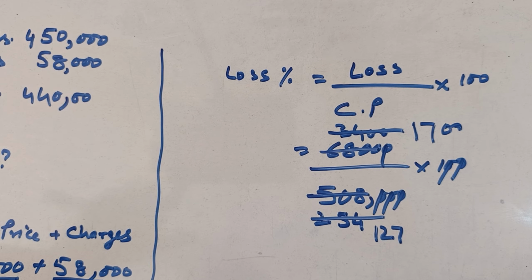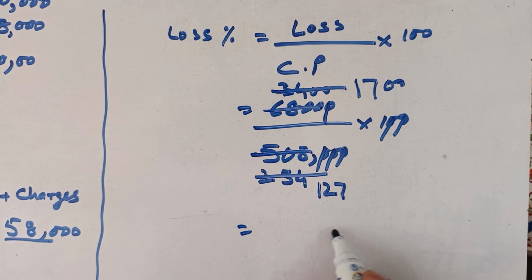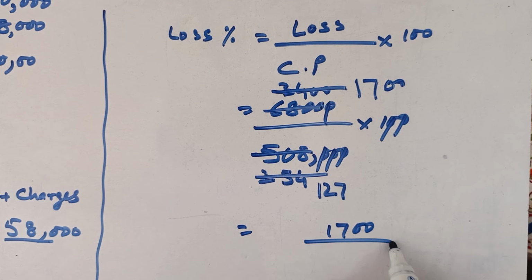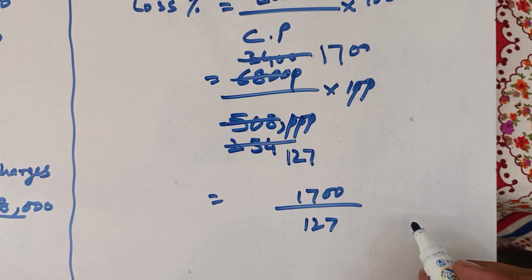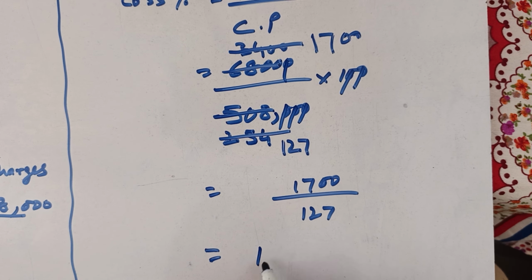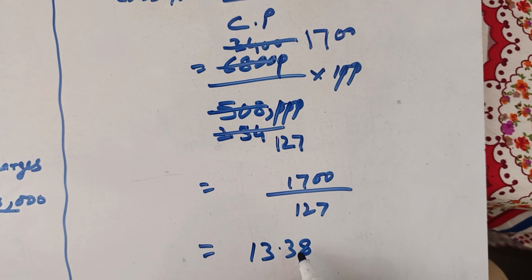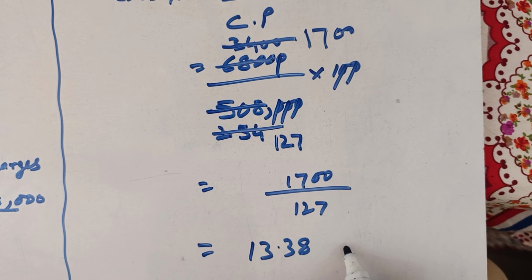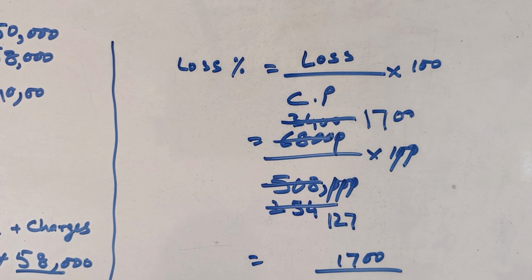So we can say that it is 1700 divided by 127. If we divide this amount by this, we will get 13.38, and this is the loss percentage.